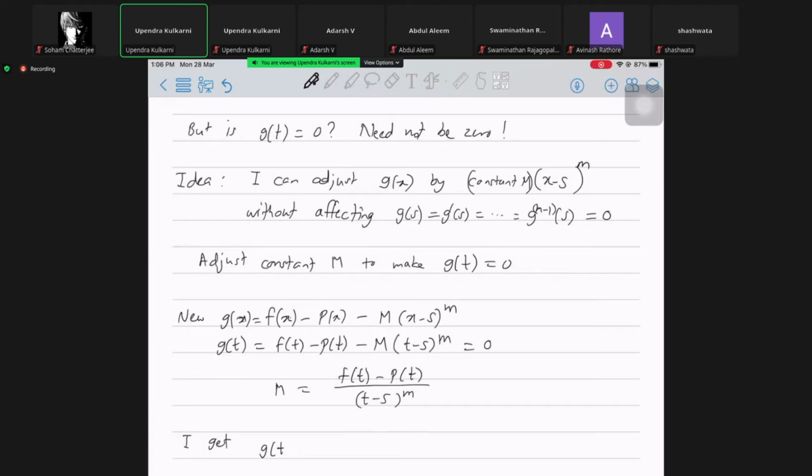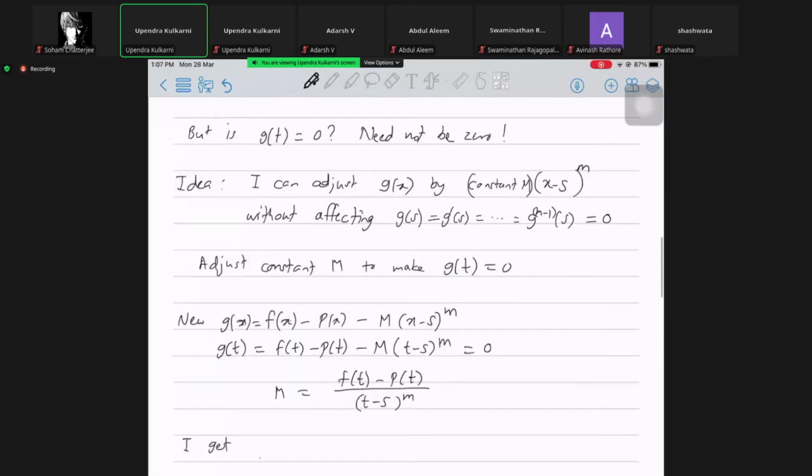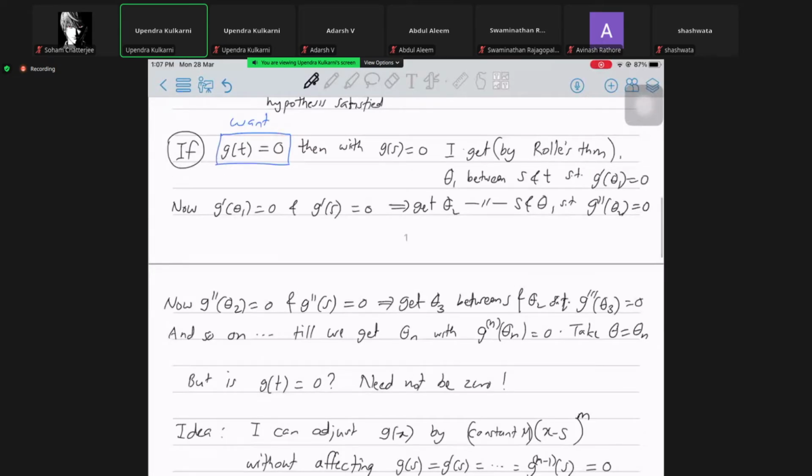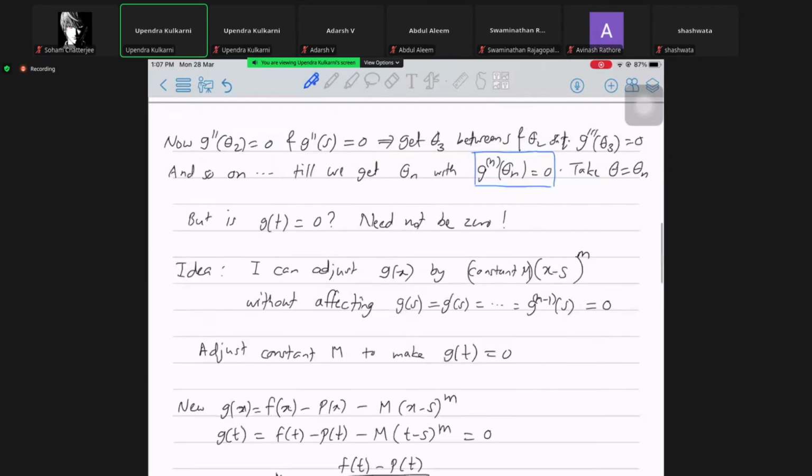So I just have to now gather the final result. So what is it that we got finally? Remember, this is the thing that we got. Our final result was this. So what is the nth derivative of g at theta?